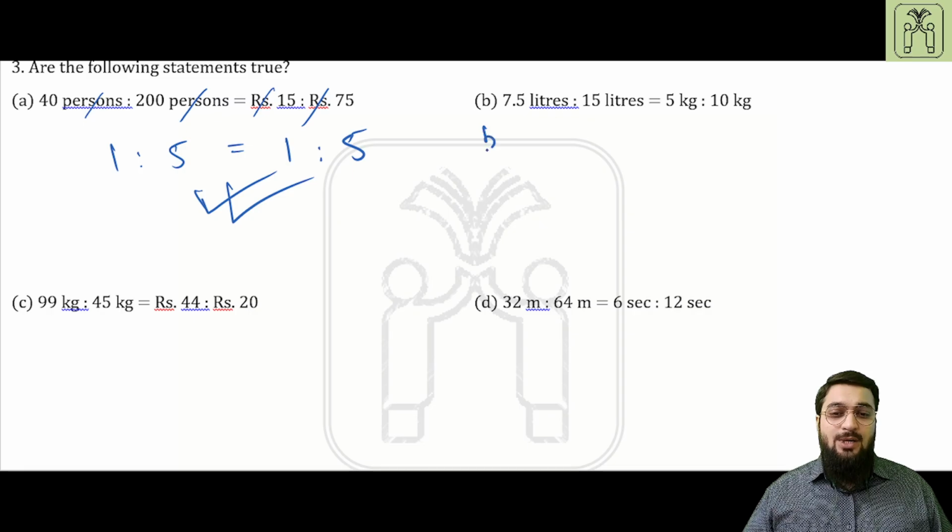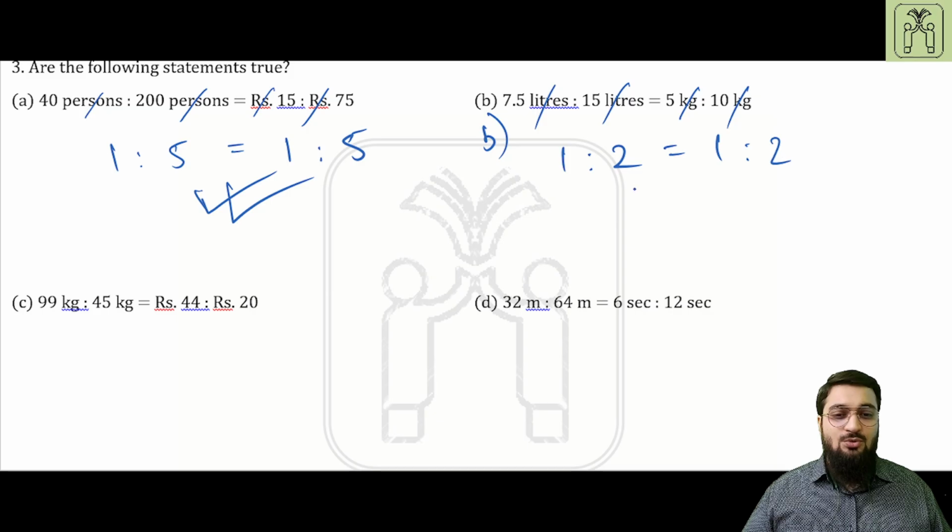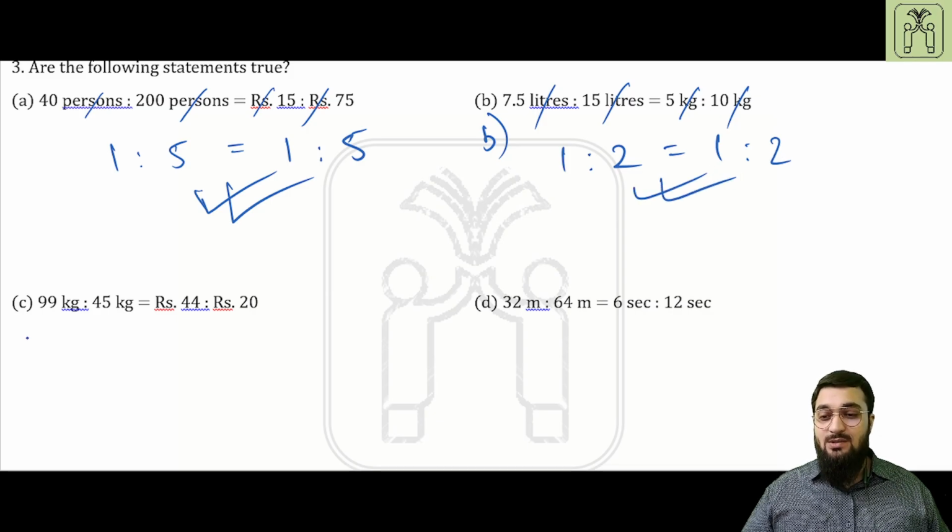Coming to part B, that is 7.5 and 1.5. So liter, liter cancelled out, kilogram, kilogram cancelled out. 7.5, 15 will be 1 is to 2, and this will also be 1 is to 2. Therefore, this will also be in proportion. Coming to part C, we will have 99 and 45. So this will be kilo, kilo cancelled, rupees, rupees cancelled.